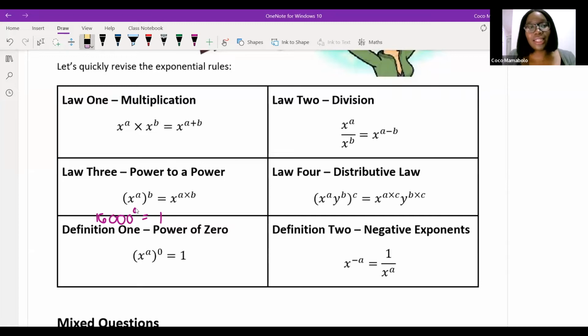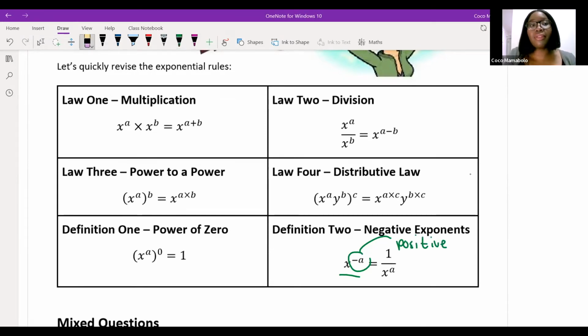All right, excellent. Okay, so anything to the power of 0 is equal to 1. And when we are answering our paper, sometimes our answers are going to give us negative exponents. We do not leave our answers with negative exponents. We always make sure that we turn our negative exponent into a positive exponent by flipping it.